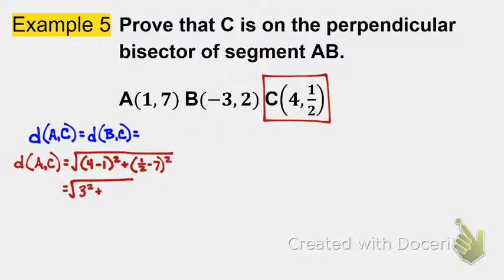Negative 13 halves, yes, negative 6.5, so I'd write that as negative 13 over 2, and I'd square that. So I would have 9 plus, what's 13 squared? 169. So I have 169 over 4. How do I then add that with the 9?